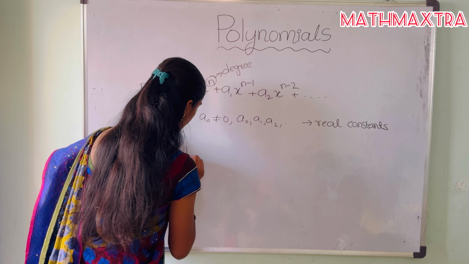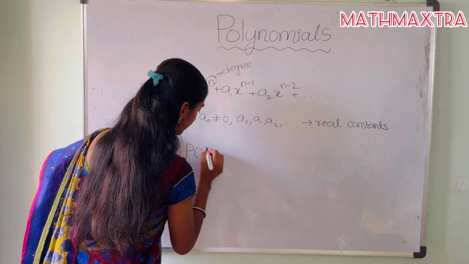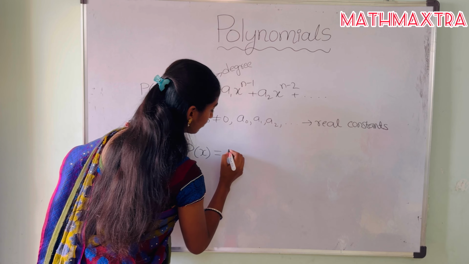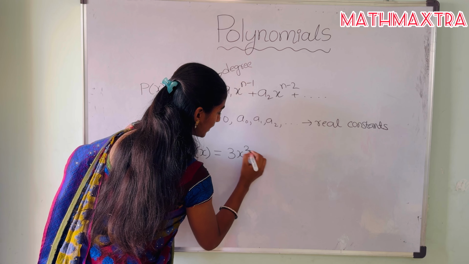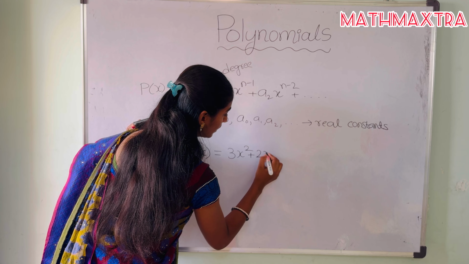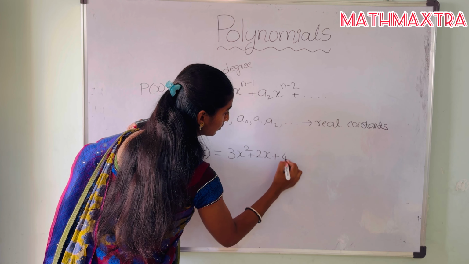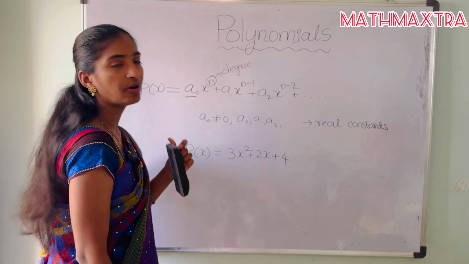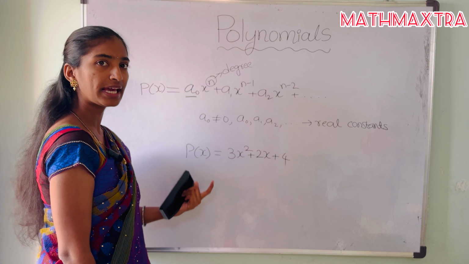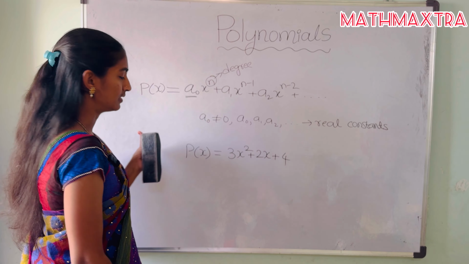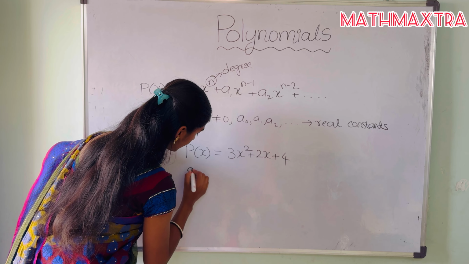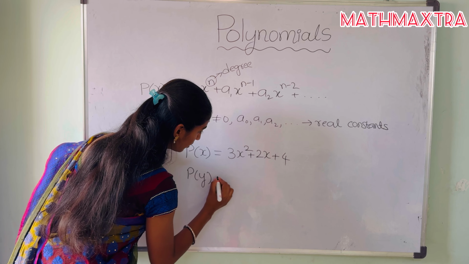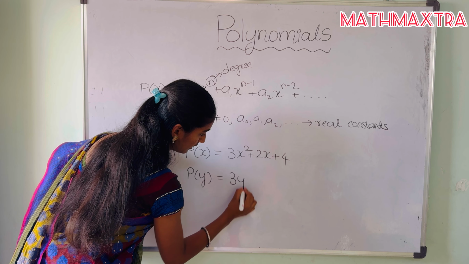Okay, some examples of polynomials. Suppose I am considering a variable x. p of x is equal to 3x square plus 2x plus 4. It is a polynomial in variable x. If you consider the variable y, then 3y.